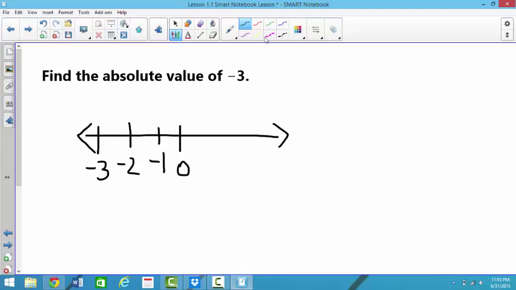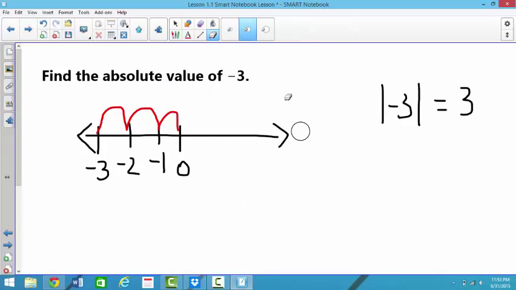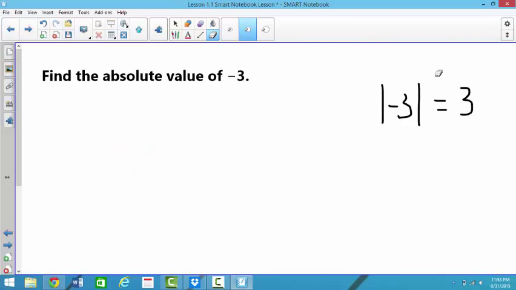So I need to know how far away that is from 0. 1, 2, 3. So the absolute value of -3 is going to equal 3. That's what absolute value is all about. And if you didn't get that right, you really should rewatch that video so that you understand it.